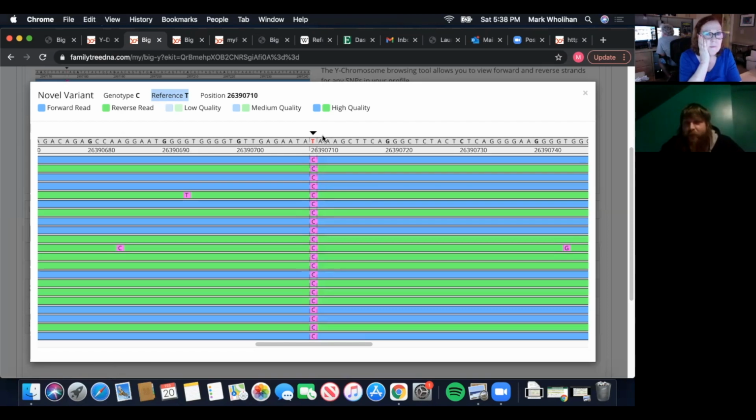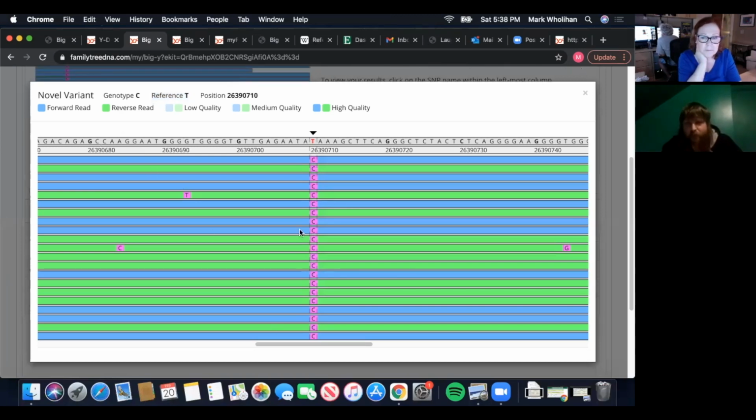Those 13 dudes all have T, but your dad has a C here. So that's what they call a SNP, when it's different from the reference. When they do the camera sweep, they did it like, I don't know, maybe 20, 30 times here.